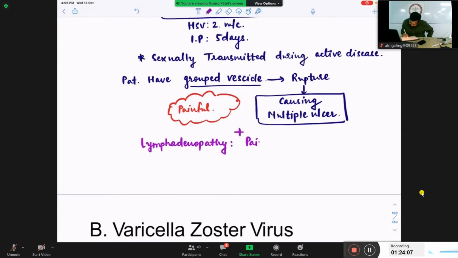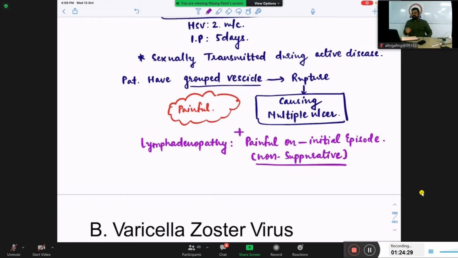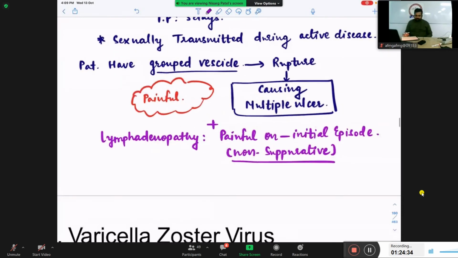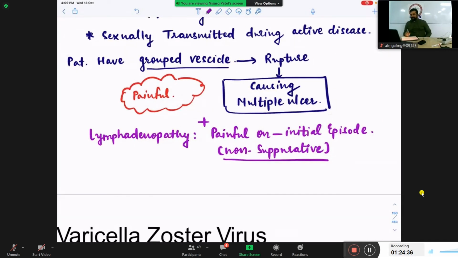Lymphadenopathy is painful on an initial episode. And this will be non-suppurative. Why non-suppurative? Because it is a virus. If it is a virus, it will be non-suppurative; if it is bacteria, it will cause suppuration. So a virus will cause non-suppurative lymphadenopathy.